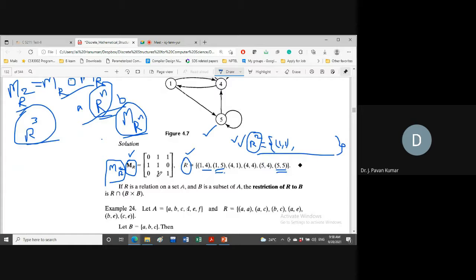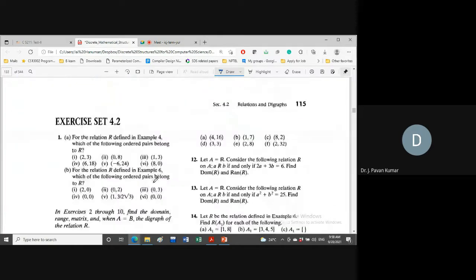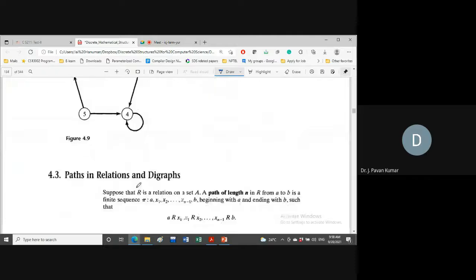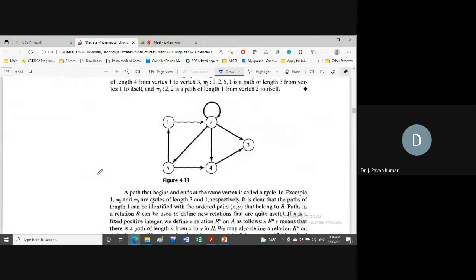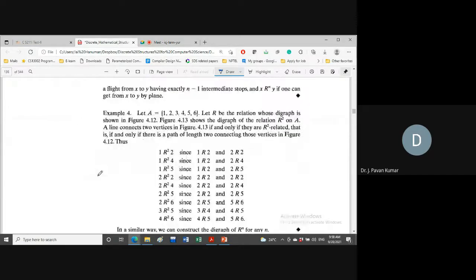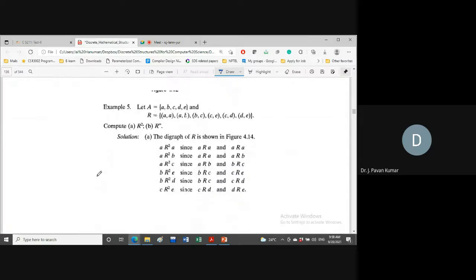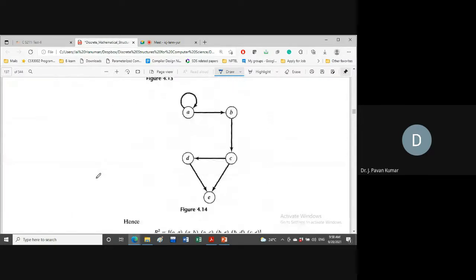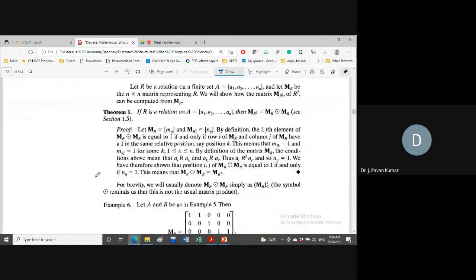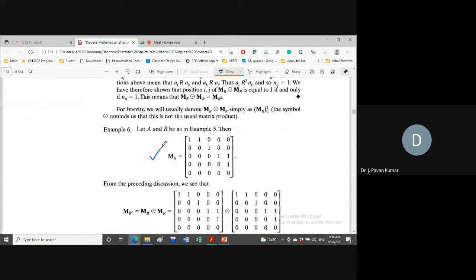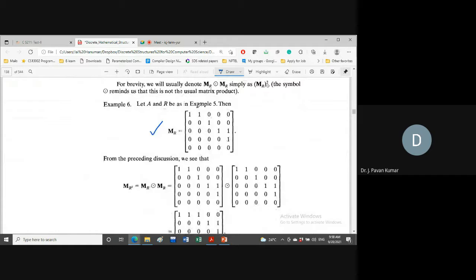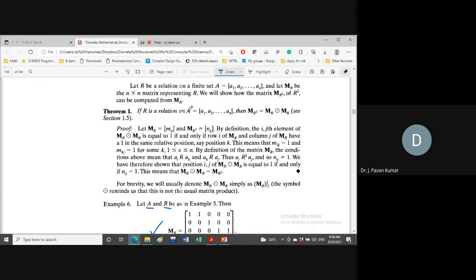Let us consider the example. This is MR. On this particular set A, we have defined a relation R, and this is given in example 5 as well.